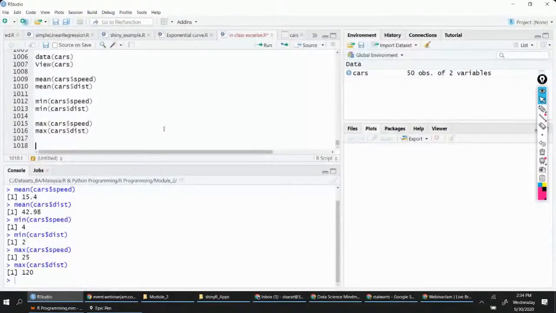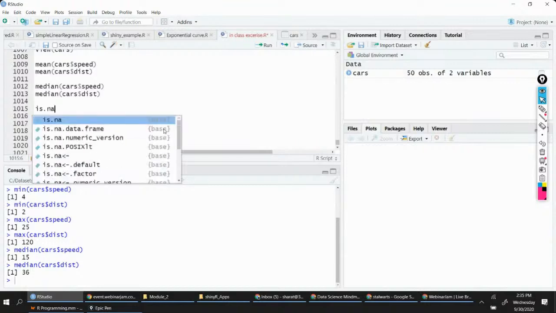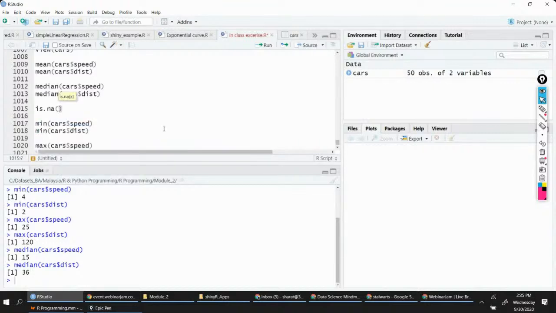Then you also want to check the median here. Let me check median also, just to understand that we do not have outliers. We also will check if we have missing data or not here, right? How do I check? is.na.